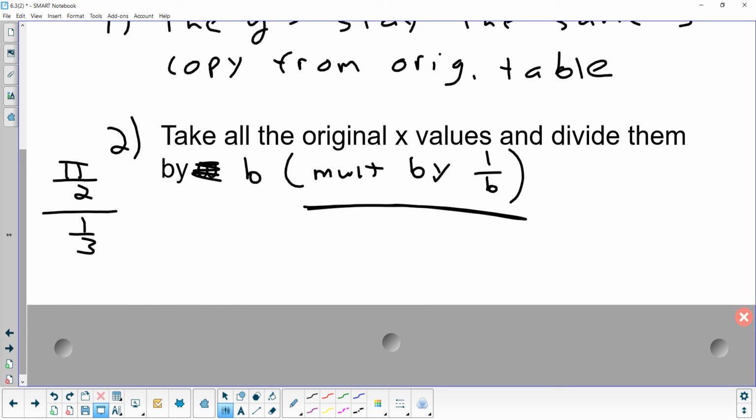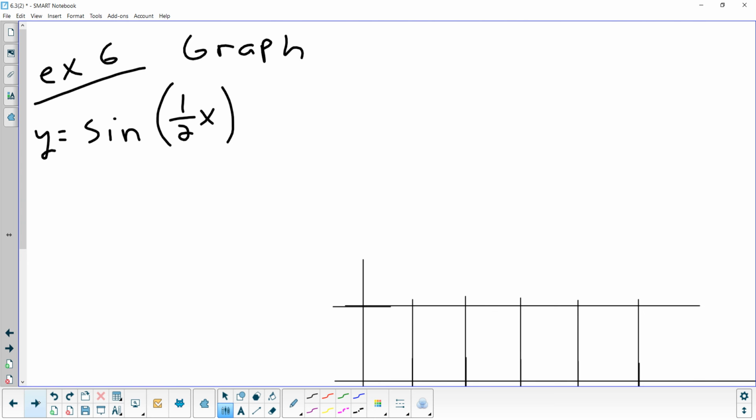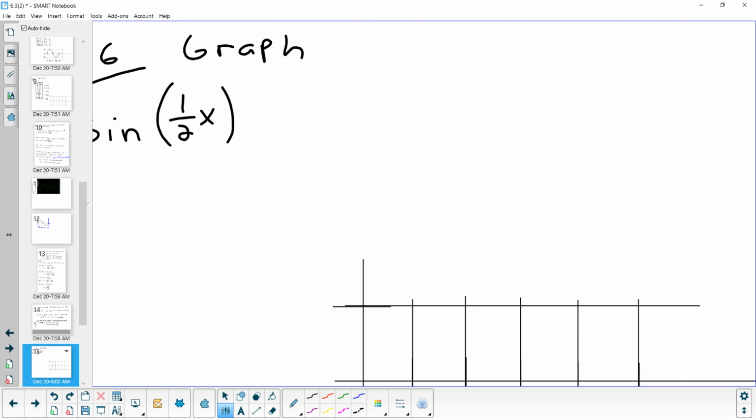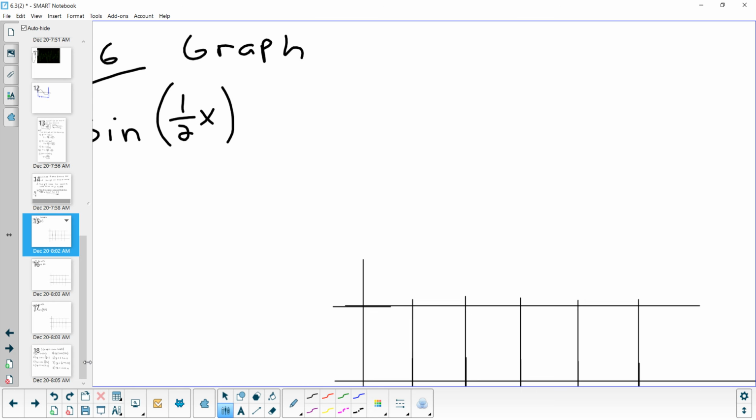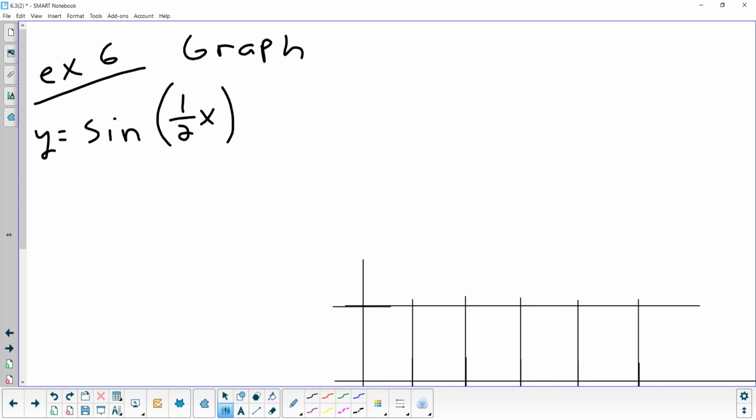So let's try an example where we make a table. Sine 1/2 x. What column is going to stay the same because this is a period change? It's multiplication inside. Yep.